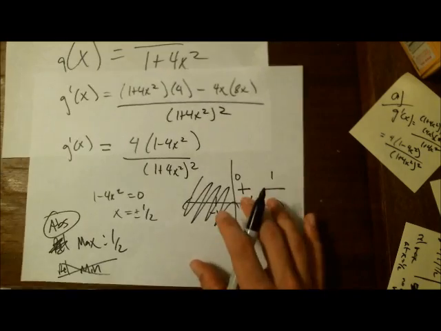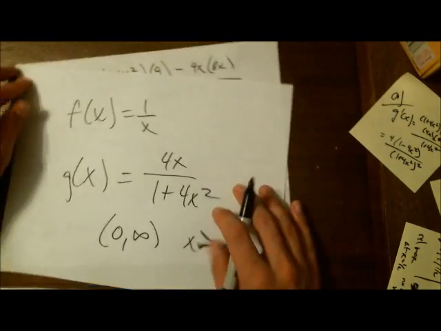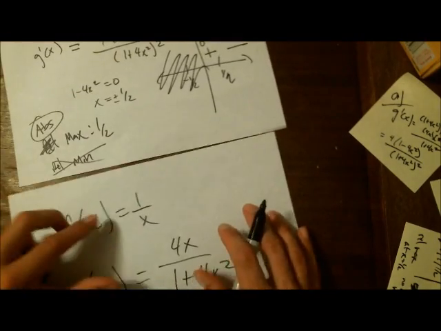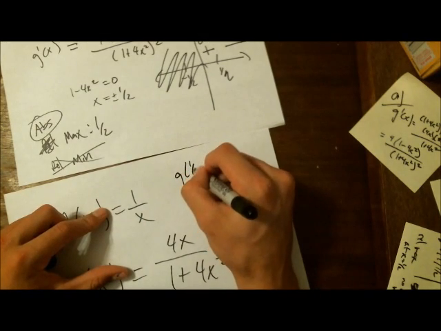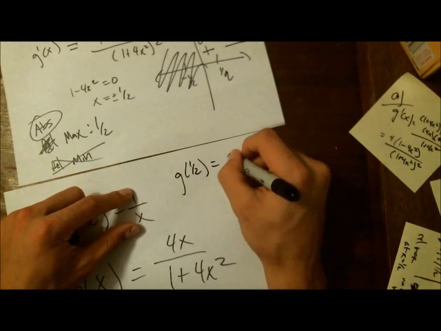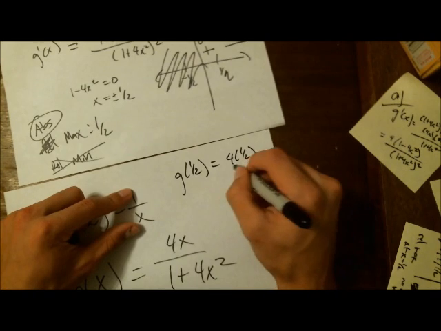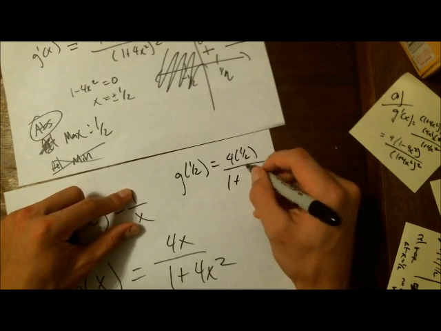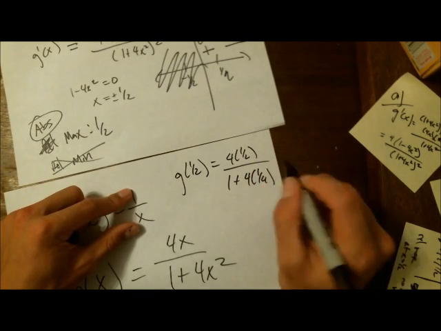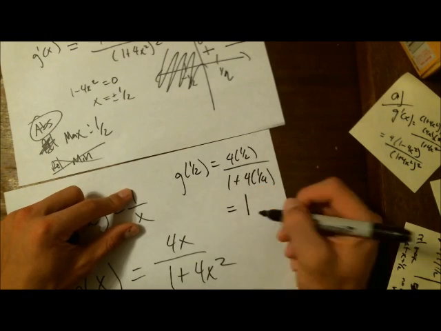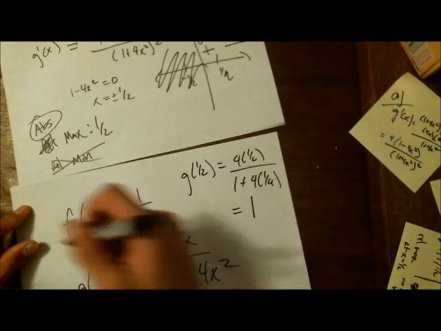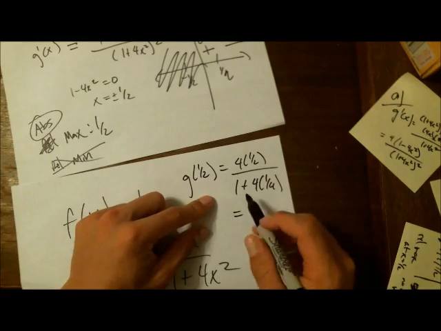To find that absolute maximum, we just plug in for g of 1/2, and that gets us 4 times 1/2 over 1 plus 4 times 1/4, which equals 1. So, A, done. The absolute maximum is at 1.